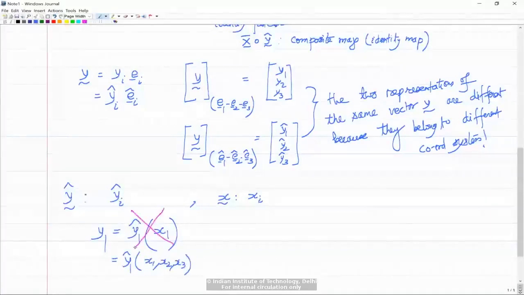So this is not true. This is true. Each of the component functions depends on all three components. So we can say that the yi hats depend on all three components.